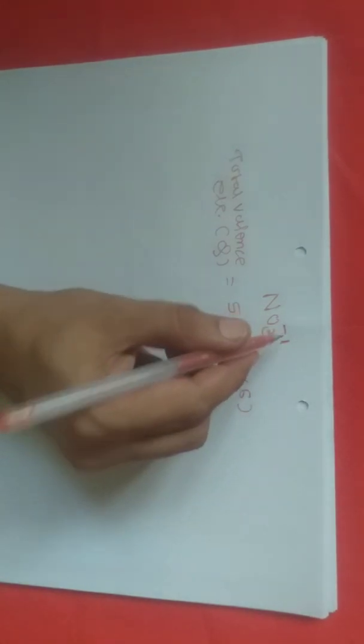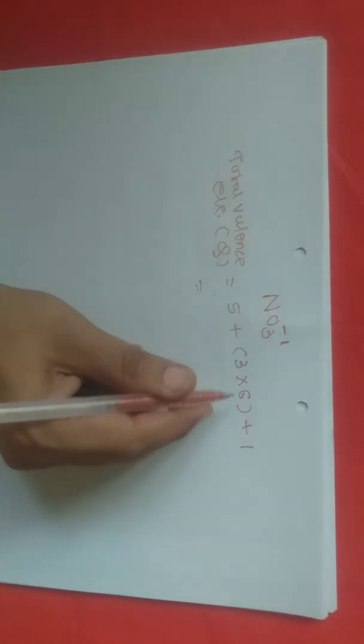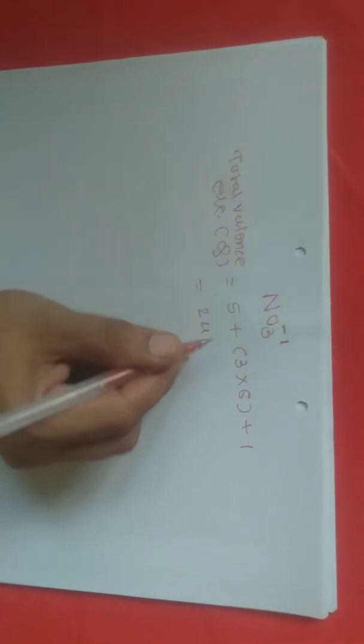So definitely I have to add +1. So total valence electrons, that is 5 plus 18 plus 1, that is 24. So my total valence electrons in this polyatomic ion is 24.